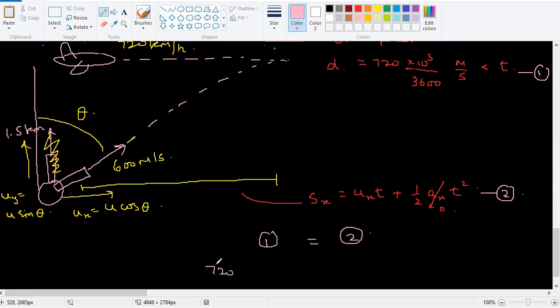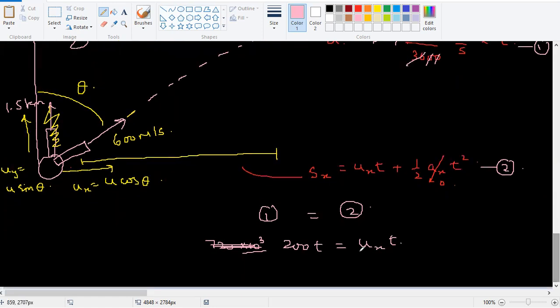So 720 into 10 power 3 divided by 3600, I could have cancelled this. So it's 200 meter per second. So 200 into t is equal to ux into t. Ux is nothing but u cos theta. U is 600.